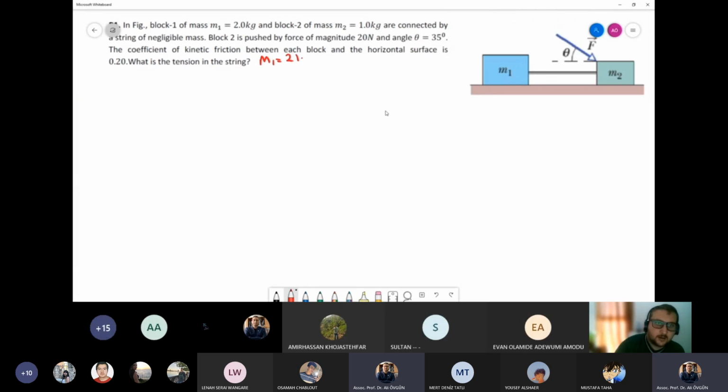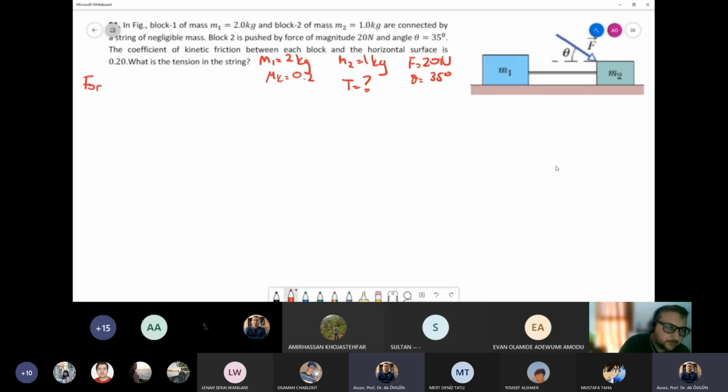M1 is 2 kilogram. M2 is 1 kilogram. And what is the F? F as a magnitude is 20 Newton and theta is 35 degree. And also they give the friction coefficient. This is the kinetic friction coefficient, mu k is 0.2. And then they ask you what is the T. So how can you do it? First, let's draw the free body diagram.